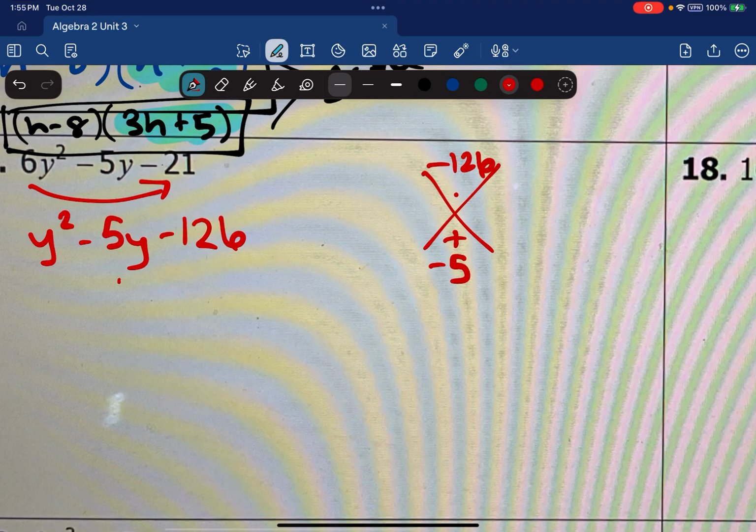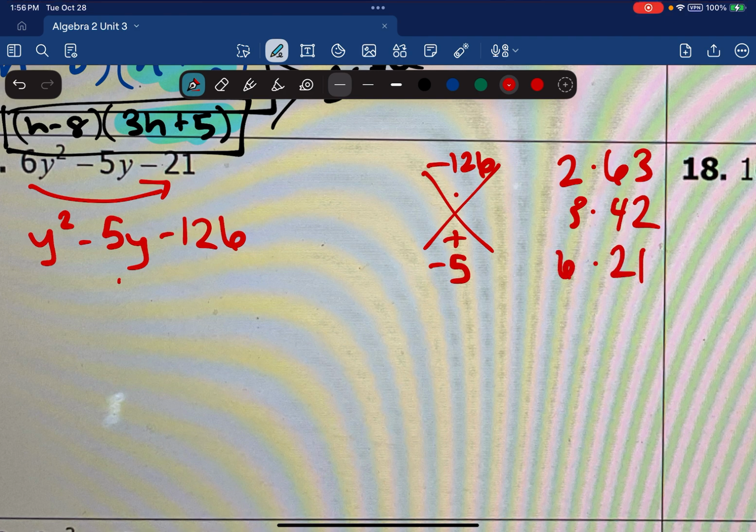If you don't know factors of 126, this is where your calculator helps. I'm going to do 126 divided by 2. 2 times 63. Don't think that'll help us. 126 divided by 3. 3 and 42. Still not a difference of 5. 126 divided by 4. That's a decimal. 126 divided by 5 wouldn't work. 6. 6 and 21.